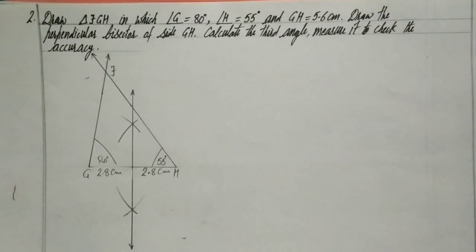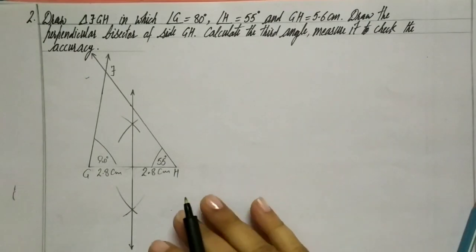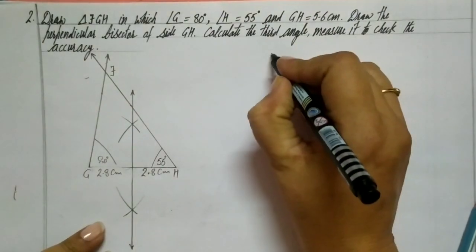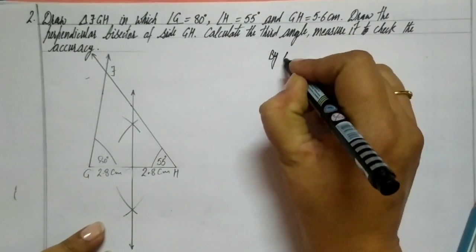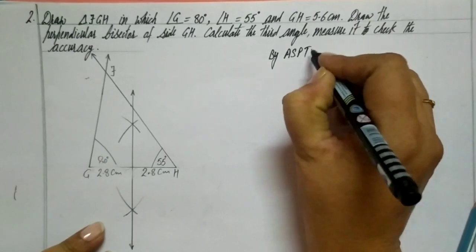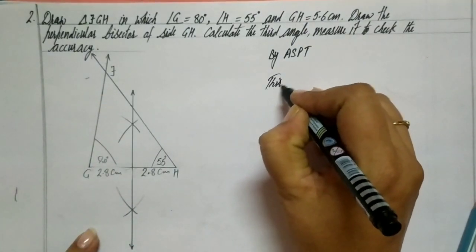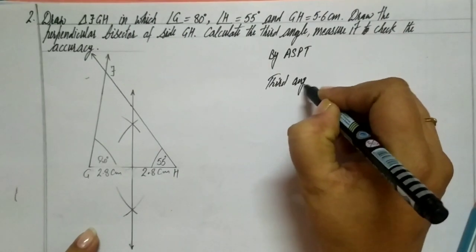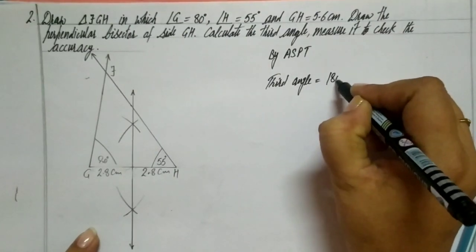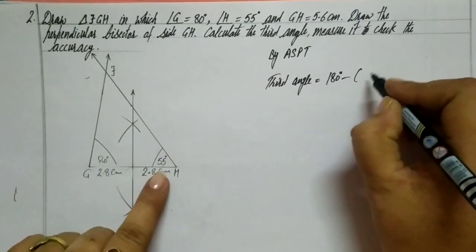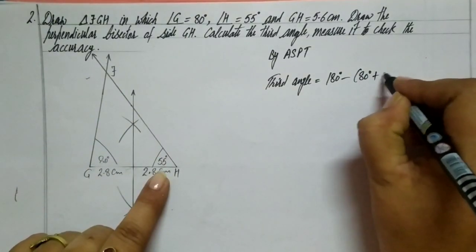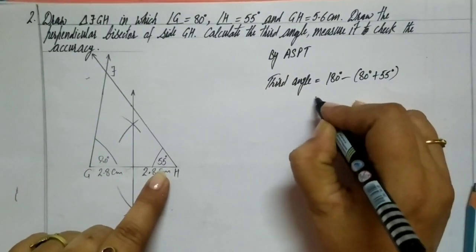Now we have to calculate the third angle, and after that we have to check its measurement by using our protractor. Now again, by angle sum property of triangle, the third angle is equal to 180 degree minus the sum of the other two angles, that is 80 degree plus 55 degree.